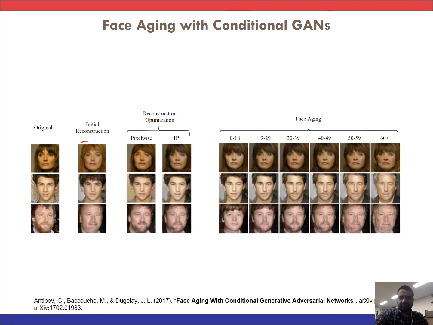So these are the different ages which are written over here. Like it can go from up to 18 years, it is transformed to plus 60 female here. So it can perform the face aging also.